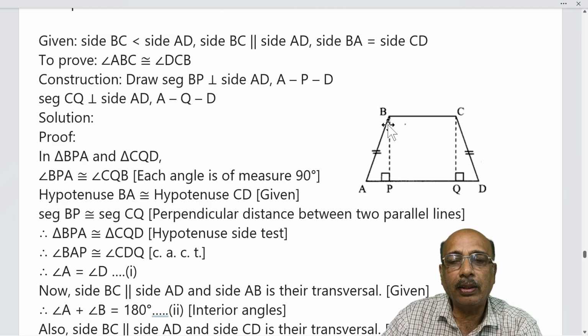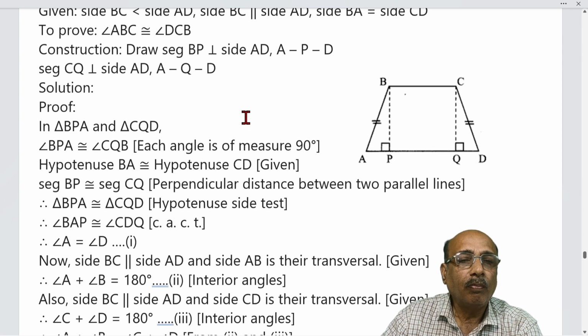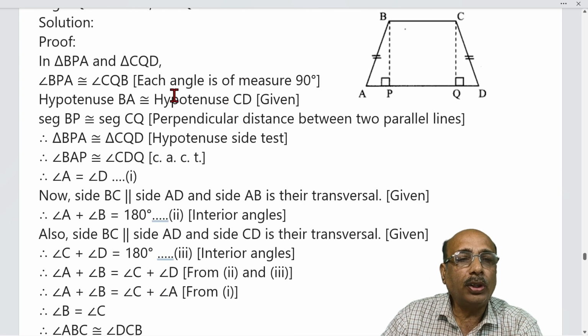Construction again like the previous one. Draw BP perpendicular to AD and CQ also perpendicular to AD as shown. Solution. Again in triangle BPA and triangle CQD, each angle is 90 degrees. BA equals CD, given, hypotenuse.